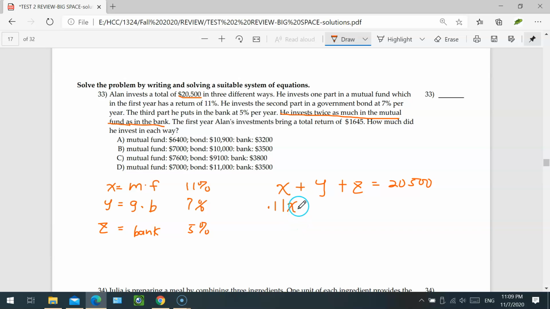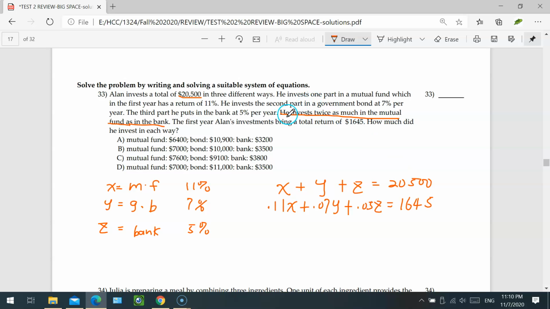That would be the interest money he will earn. Plus 7%, that means 0.07, that he invests with the government bond, multiplied with y. And the money put in the bank has a 5% interest rate, so 0.05 multiplied by z. And the total interest money is 1,645.